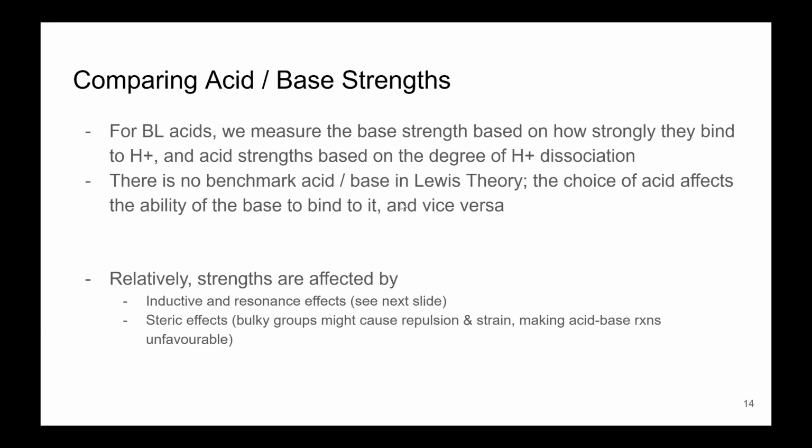These might cause repulsion and strain because electron clouds repel each other. That makes acid-base reactions unfavorable because the acid and base cannot approach each other easily, and even after they approach, the molecule is highly unstable because of strain inside it, so it wants to fall apart and dissociate back into its acid and base.